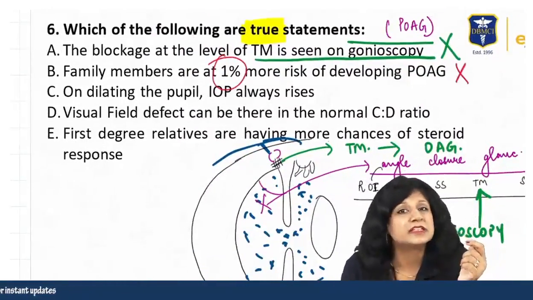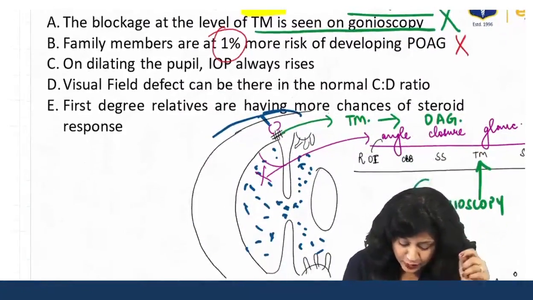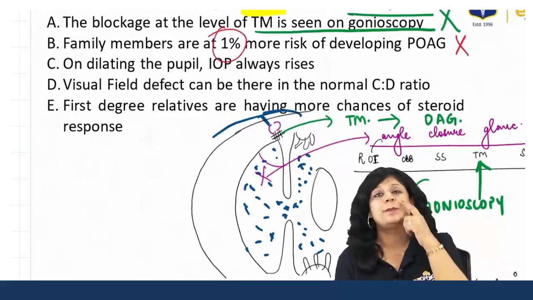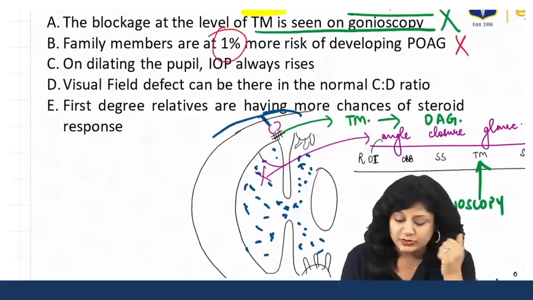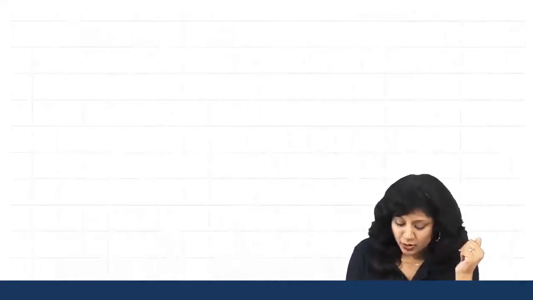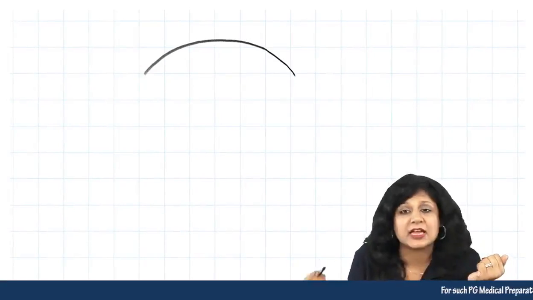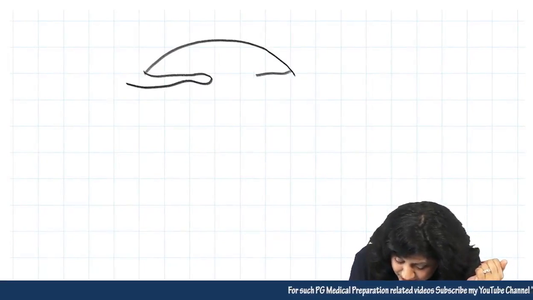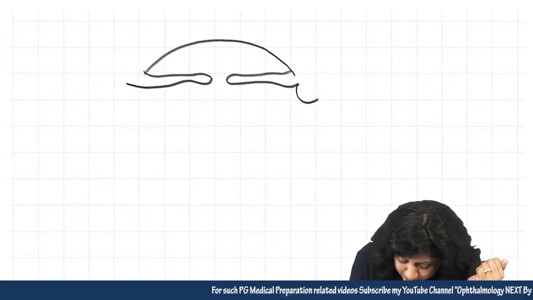Then if you look at option C, on dilating the pupil, IOP always rises. Again, if you remember, we always make a flow chart for this. This is the eye, and this is the iris. We have the ciliary body, and this is the lens here.